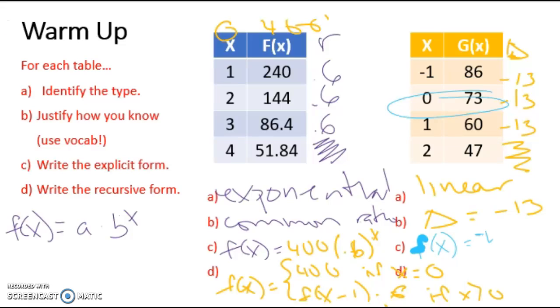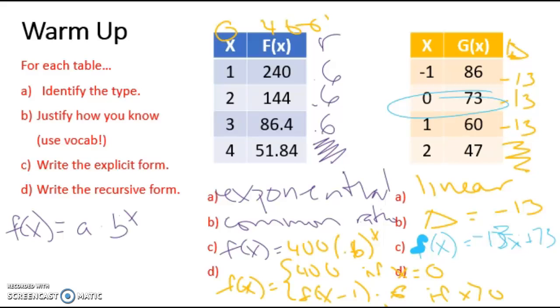It's delta x plus 73. Okay, so negative 13x. Let me rewrite this a little bit better. Okay, sorry about that. So it's going to be negative 13x, okay, plus 73.